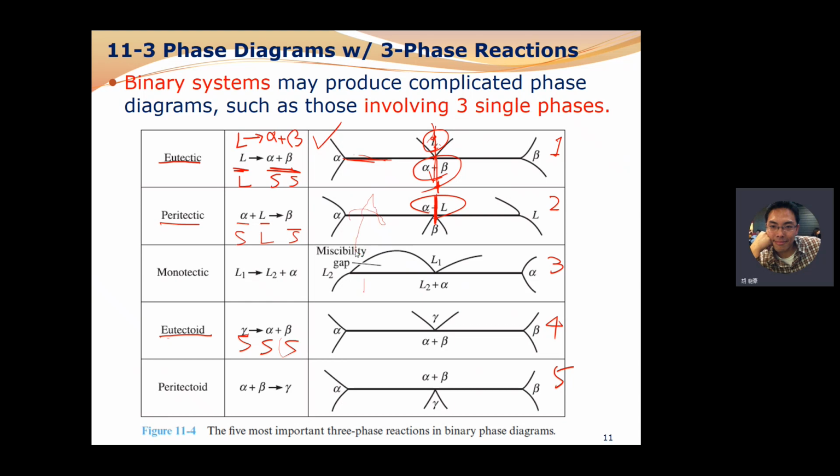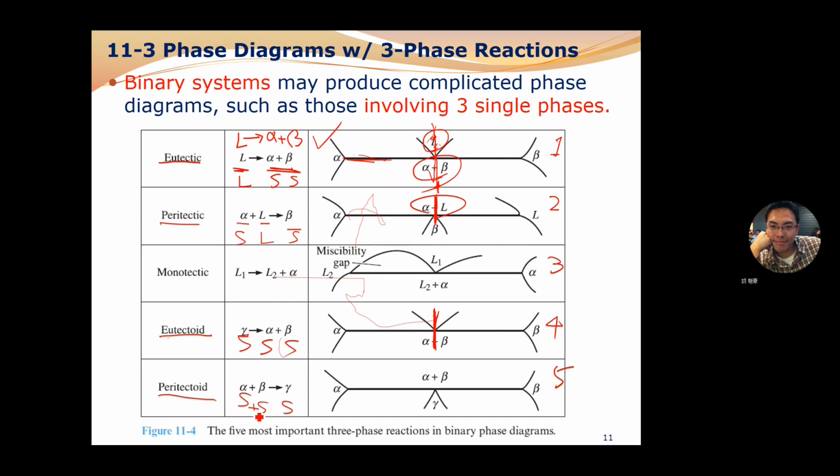Okay, therefore the eutectoid reaction is here. It's here. Okay, and the peritectoid reaction is from solid, solid, and solid, right?